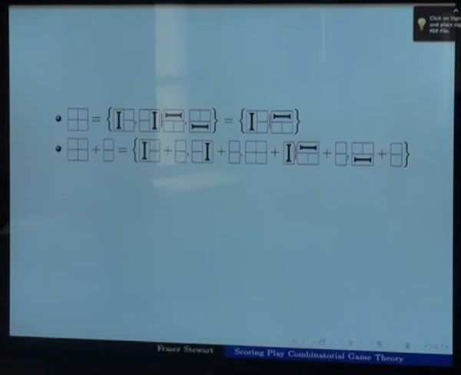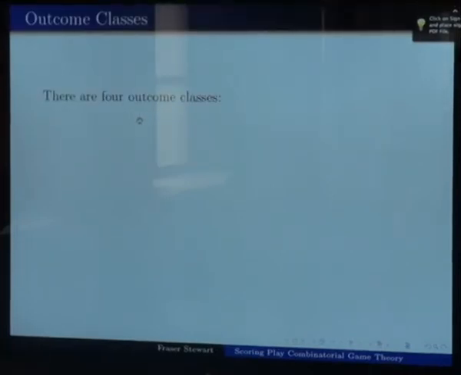The negative of a game would look like this. If we have the negative of this game, it would just be this. In other words, we just swap the left options for right options. When we talk about combinatorial games, we're usually interested in who wins, or rather, who has a winning strategy.